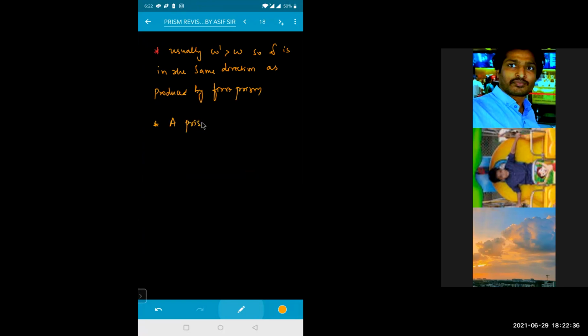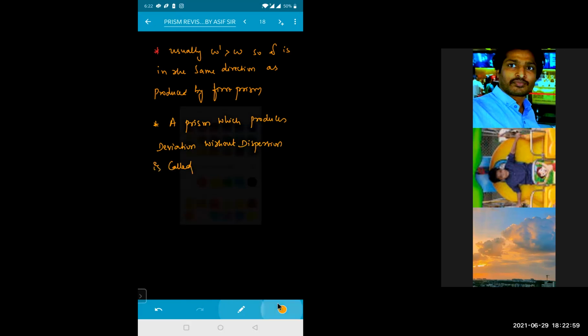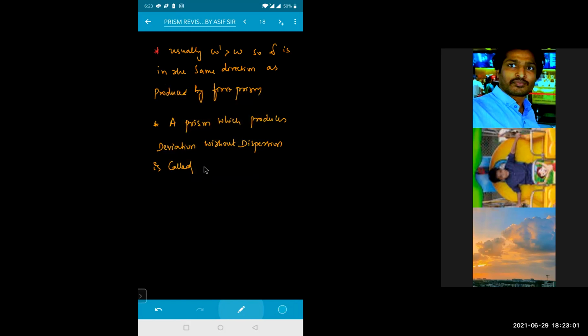Now one more, and this is very important. A prism which produces deviation without dispersion is called an achromatic prism.